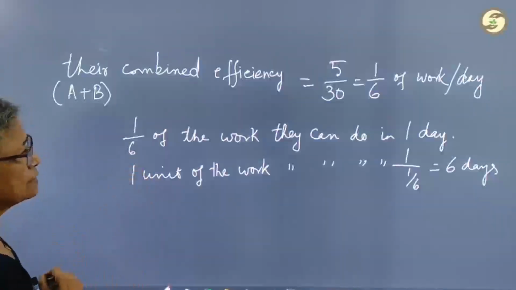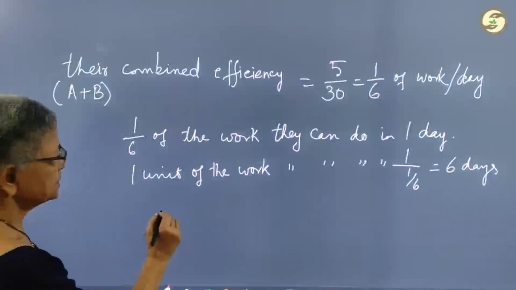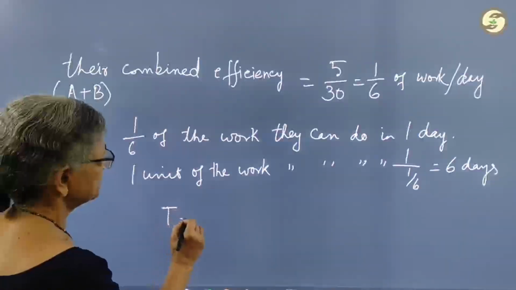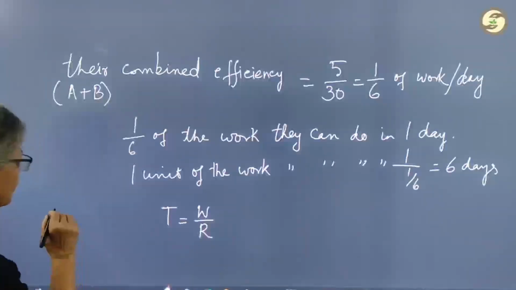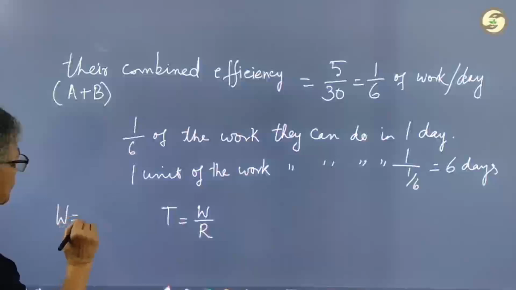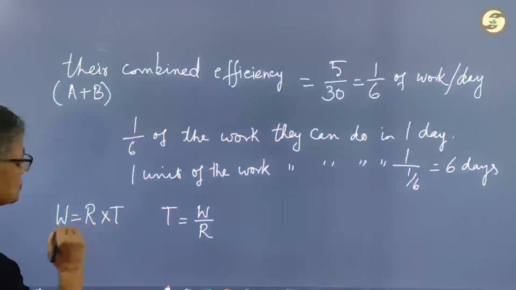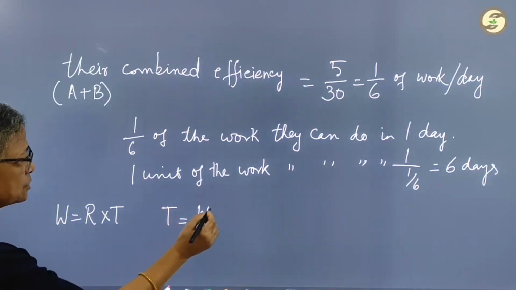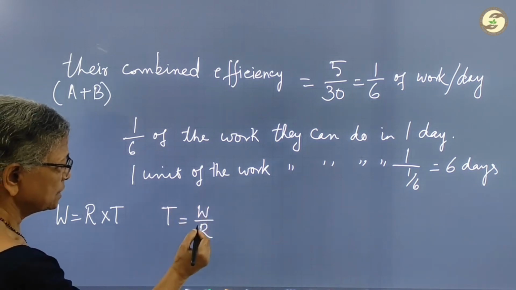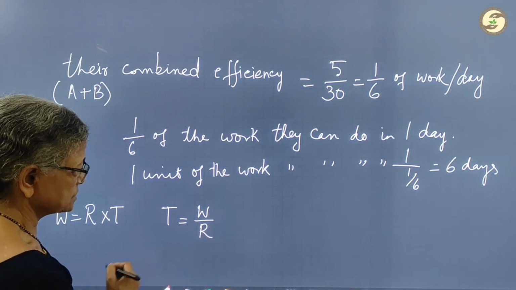So the same thing we can do with the use of a formula. T is equal to, we have seen T is equal to W by R. From where we know W equals rate of work per unit time and total time to complete that work. So W is equal to R into T. From there, total time is total work done, that is 1 unit, divided by the rate of work or the efficiency.